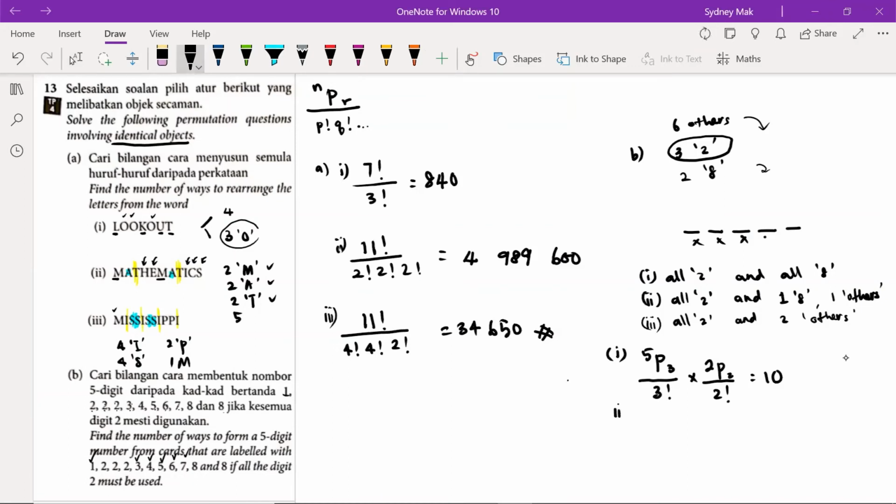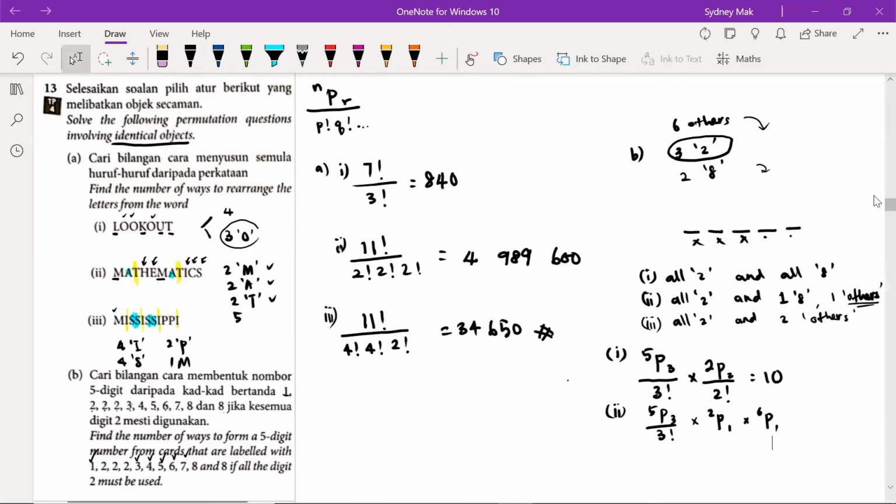For the second scenario, again we have all 2s, so 5P3 over 3 factorial, and 1 eight. Assume that 8 must be in. Out of the remaining 2 slots, we choose any empty slot to fill in our 8. We are left with one empty slot. How many choices to put in other numbers? There are 6 other numbers to choose from, so we choose 1 to fill in the last empty slot.